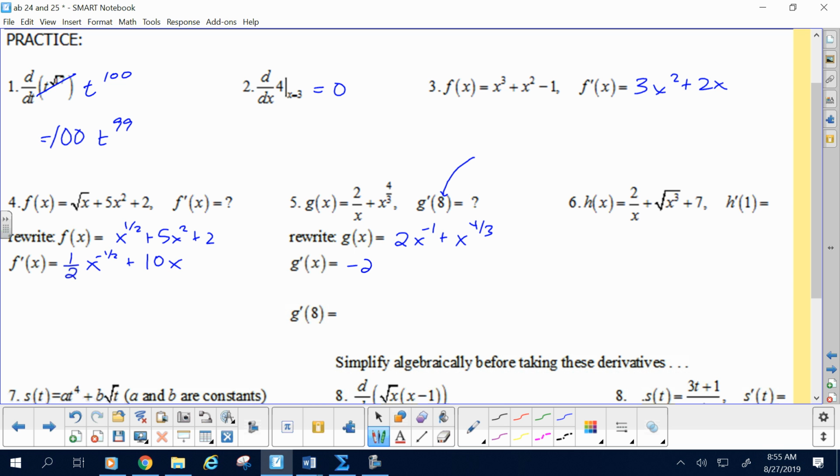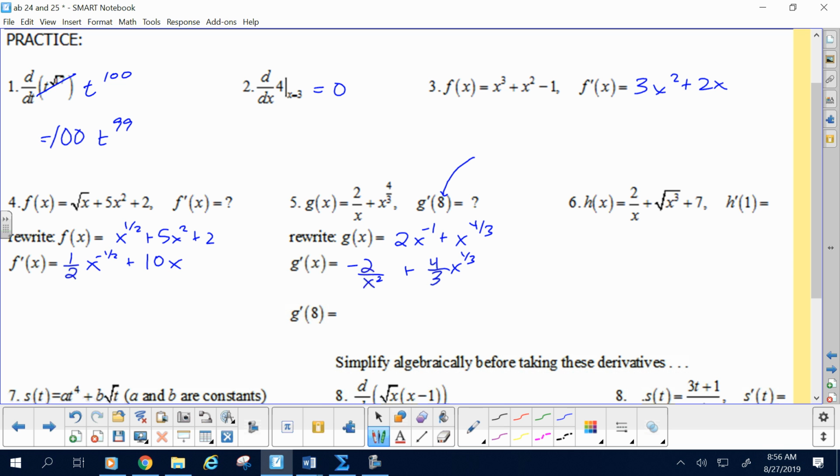Negative 2 over x squared. Okay, I agree. And what about the derivative of x to the 4/3? 4x to the 1/3. You might be right, I need to, 4/3 x to the 1/3, yeah? Okay. 4/3 x to the 1/3.